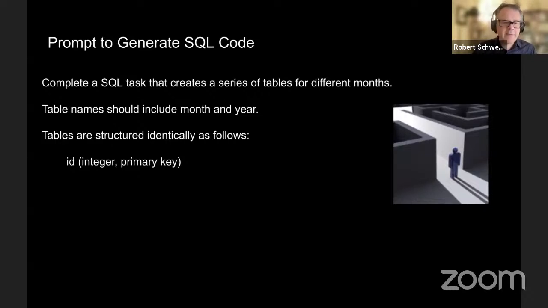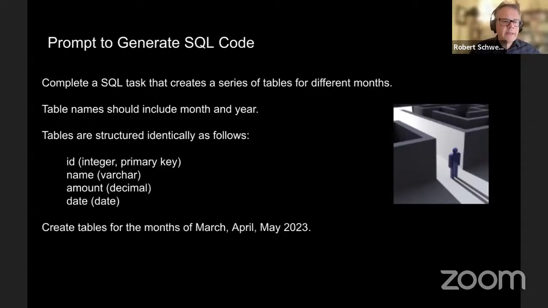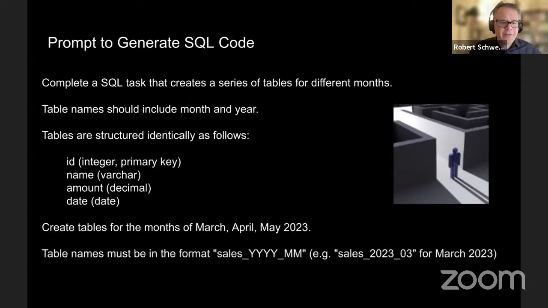We may specify that it's of type integer, and it's the primary key for this particular table. Also in the table, we might define columns for name, amount, and date, and tell it to create tables for the months of, say, March, April, May, June of 2023.